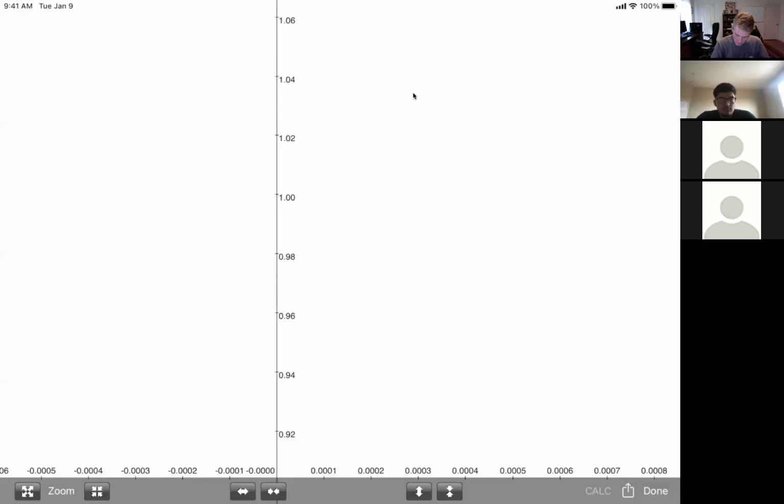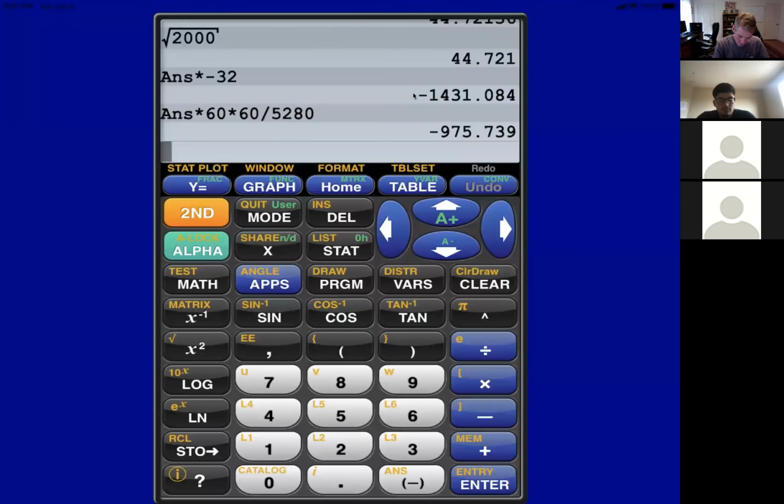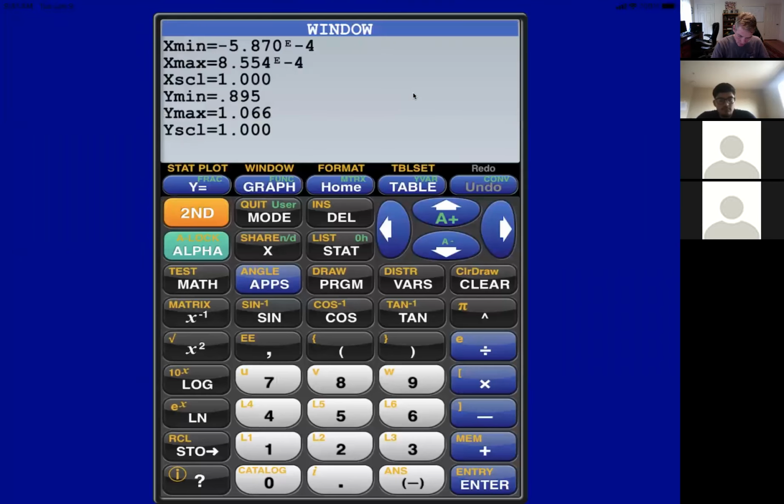And let me change the window. Negative 10 to 10 on the x-axis, negative 10 to 10 on the y-axis.